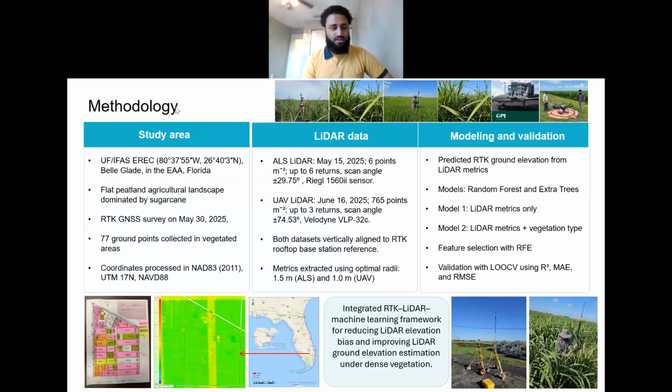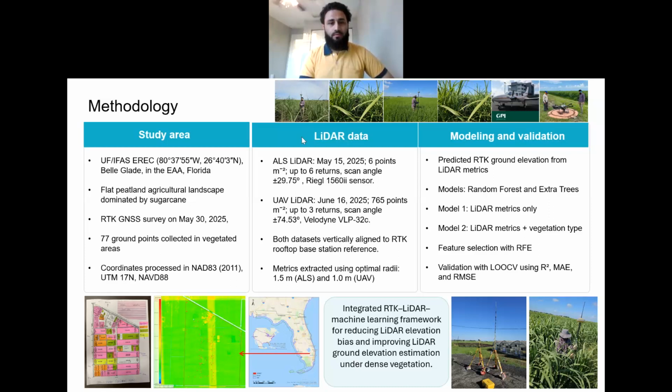And this is a busy slide. The study area was, as I earlier showed, south of Lake Okeechobee, and it is sugarcane dominant. We collected almost 70 to 75 GPS points or RTK surveyed points, especially with the Z value, elevation. You can see the spread here in the sugarcane fields.